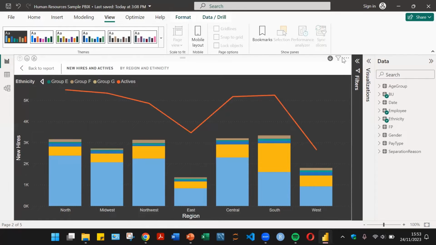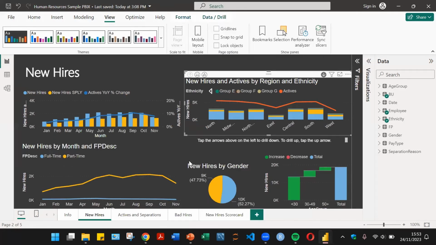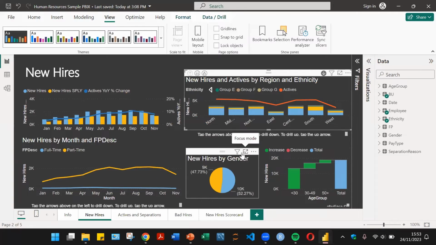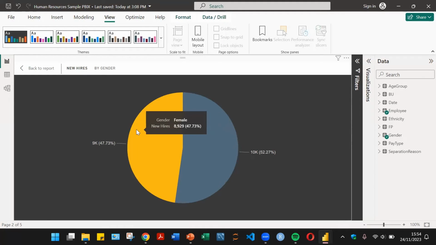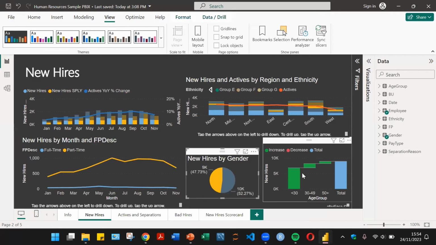That's basically it. Let's go back to the main report. We can also see this in a focus mode, and we have new hires, which we can also see by gender. By gender, we have 8,000 female hires and 9,000 who are male. That's a simple representation of this data.